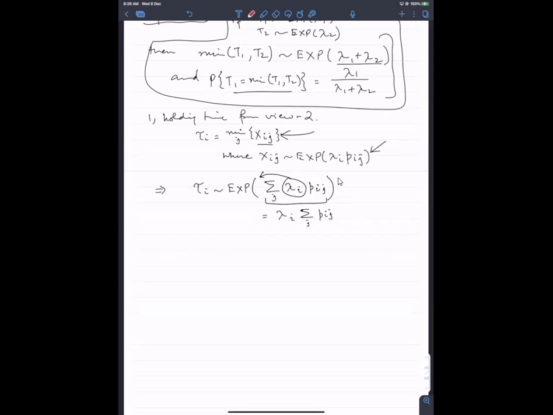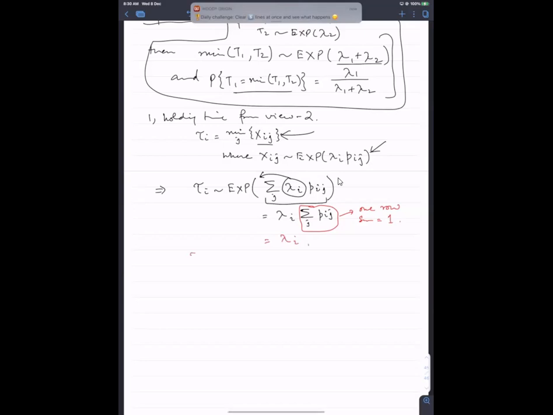Okay, and what is this guy? This is one row of the probability transition matrix, and the sum should be equal to 1. So this is lambda i.